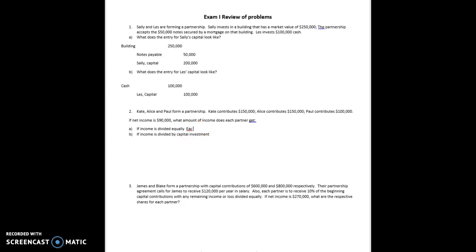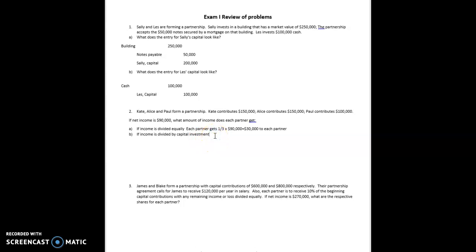So each partner gets 1/3. If we take 1/3 times $90,000 of income, each partner is going to get $30,000 of that income. The next one asks, what if it's done by the capital investment?